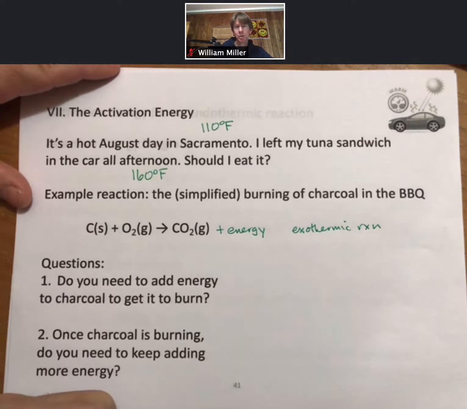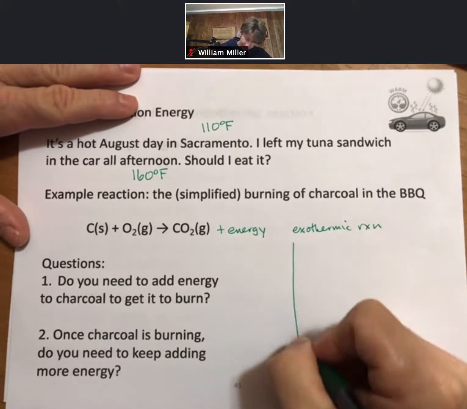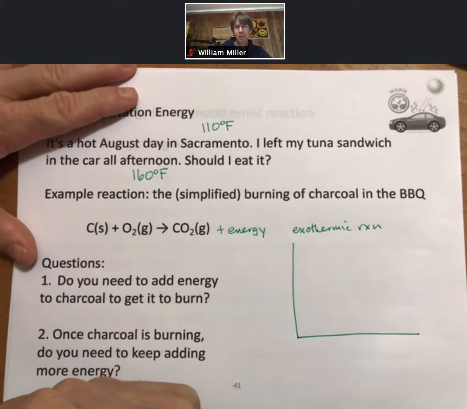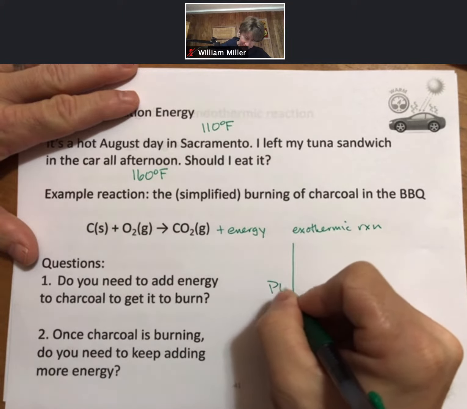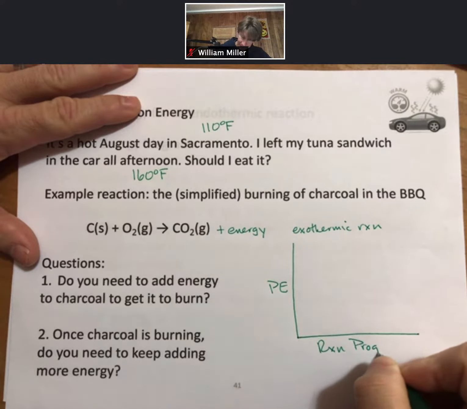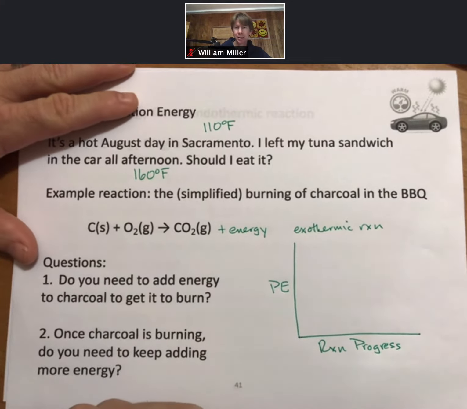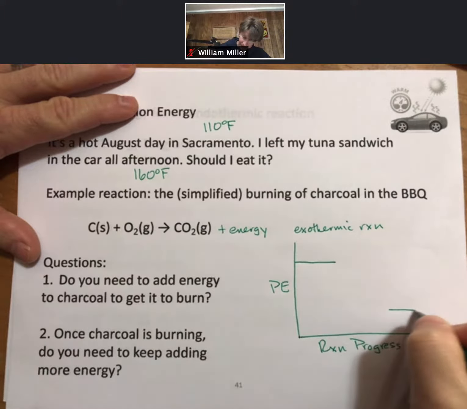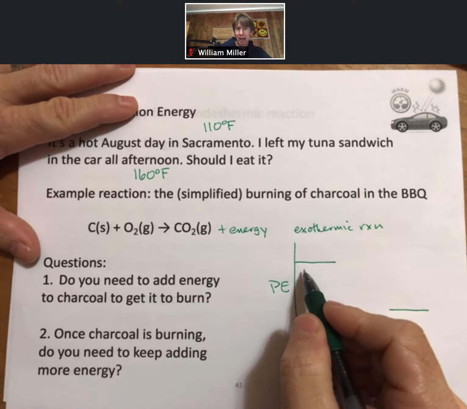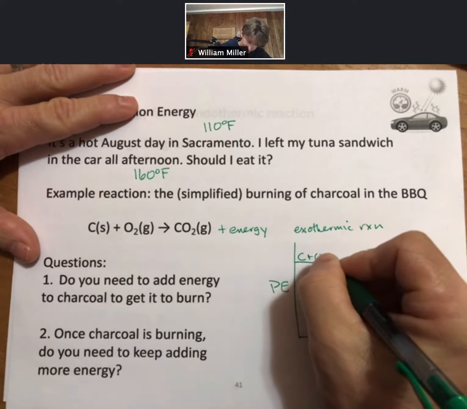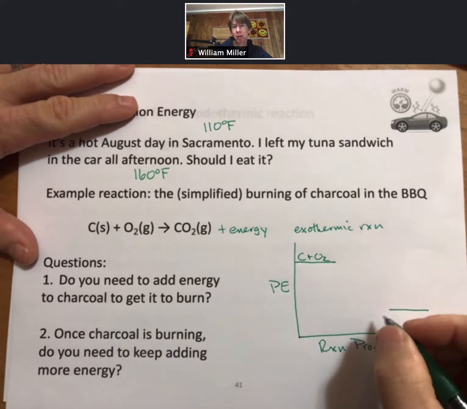And if we were to draw a reaction energy diagram, which we've done before, we would put potential energy on the y-axis, reaction progress on the x-axis, and because it's exothermic, we would draw our reactants having higher potential energy and our products having lower potential energy.